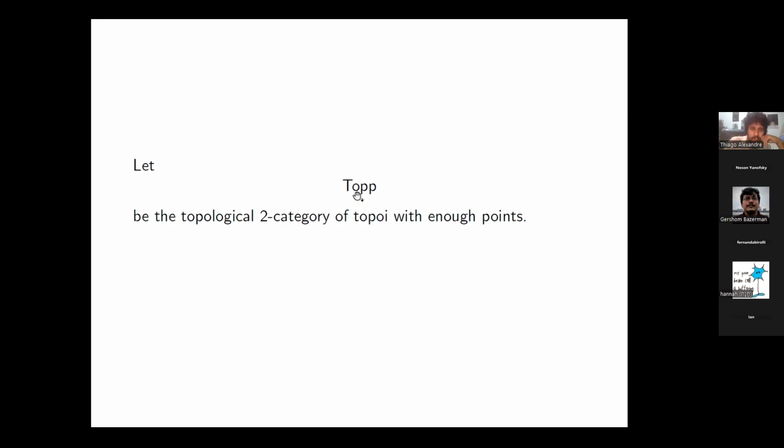I will show that there is at most one way to extend a derivator to a topological derivator for the domain of topoi with enough points. So for the domain of topoi with enough points, in some sense, the Grothendieck conjecture is kind of true if we consider that our extensions are topological derivators, the uniqueness part.